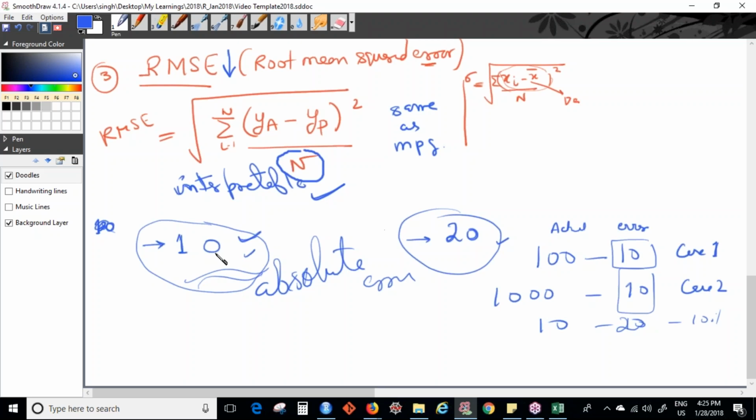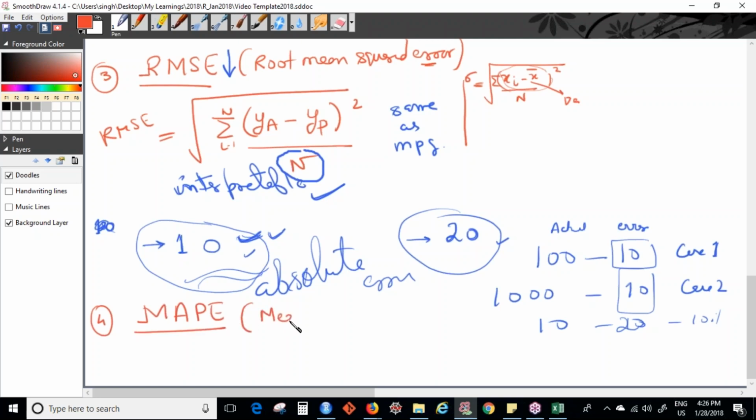It will tell you which model is better, but we still fail to understand how good the model is, because it gives you an absolute value. We often compare how much error we are making with respect to the actual value. So that is why we have another error term which is known as mean absolute percentage error.